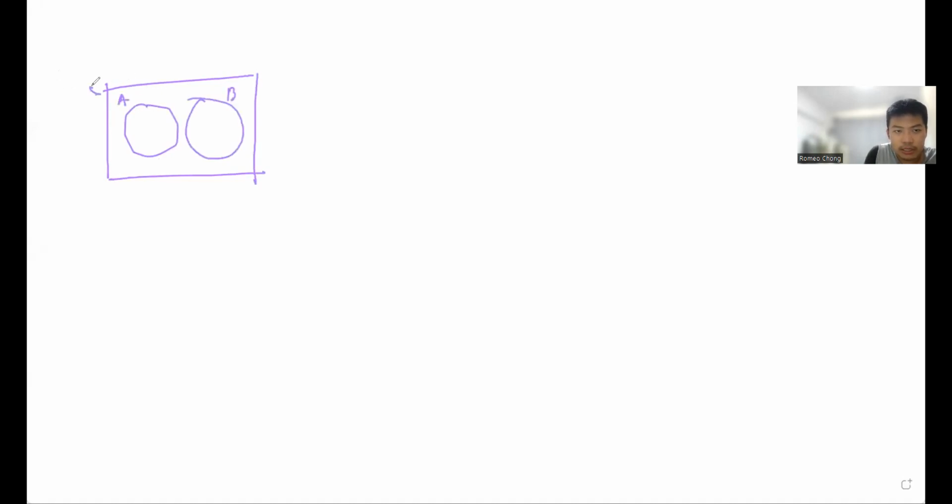That means when you have two sets, A and then B, if I draw like this, meaning that A and B are mutually exclusive, which means that there is no common element.